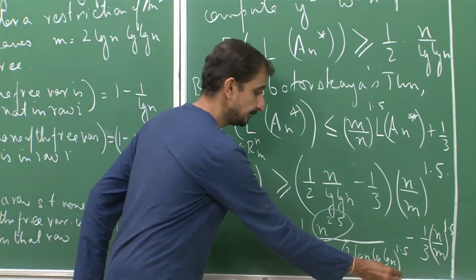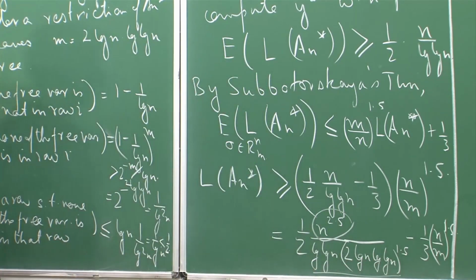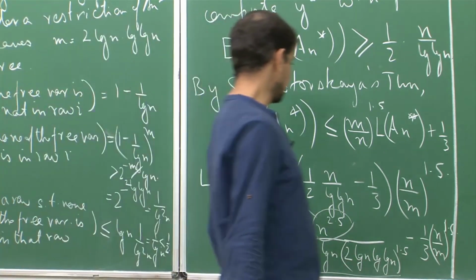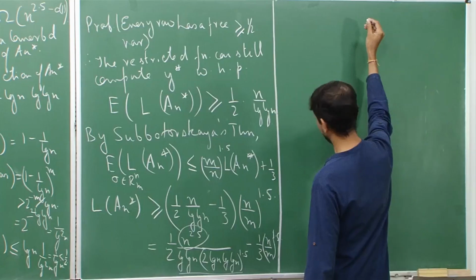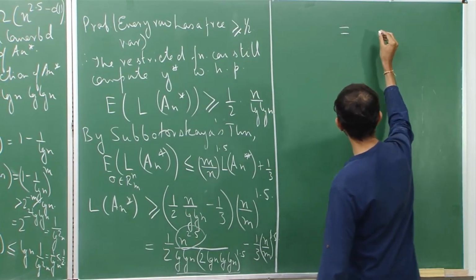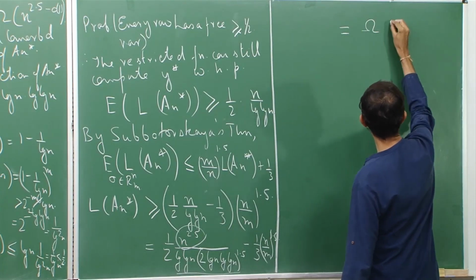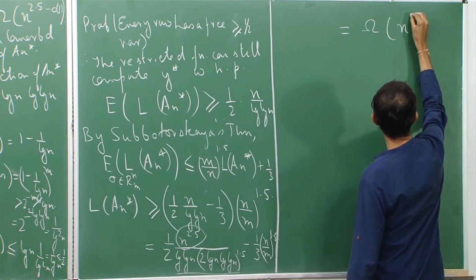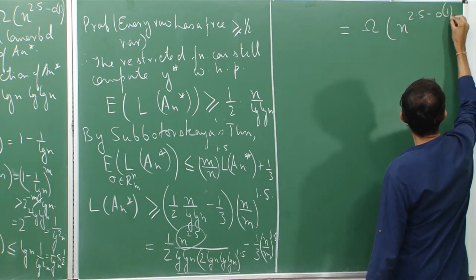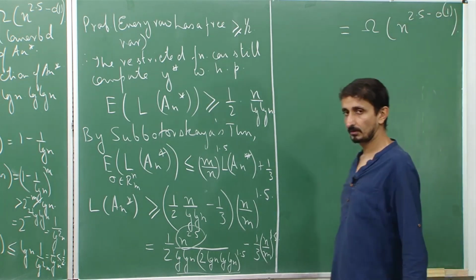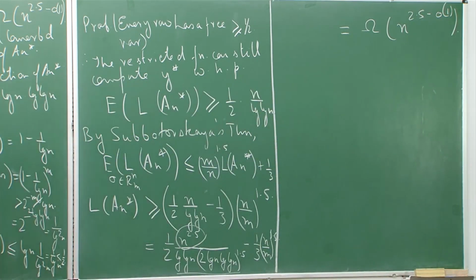So, this term is asymptotically smaller than n. Okay. So, this we can write as being equal to omega of n to the power 2.5 minus small o of 1. Okay.